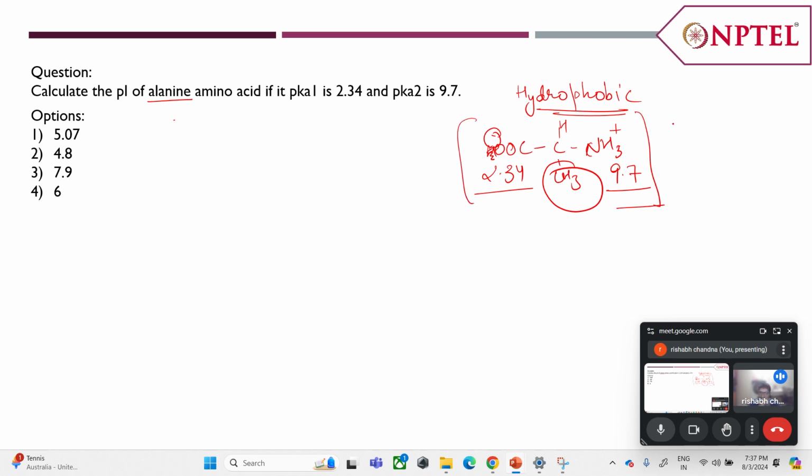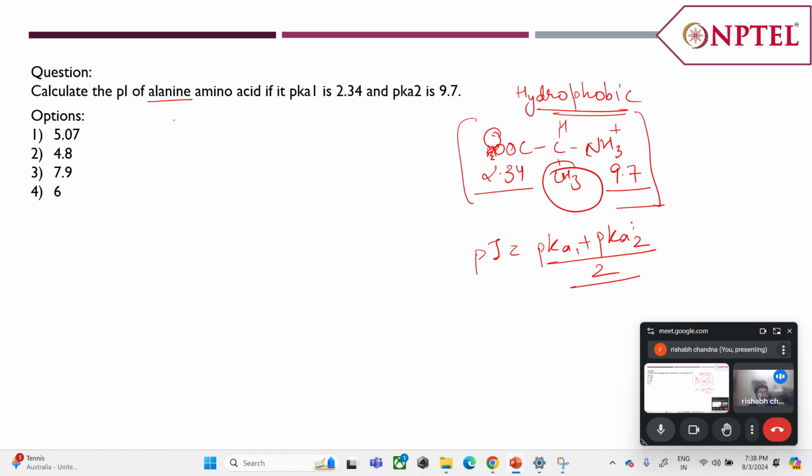So what will be the pI? How is pI calculated? It is the mean of the two pK values. In some cases there would be three pK values for an amino acid, for example in charged amino acids, either the basic amino acids or the acidic amino acids.